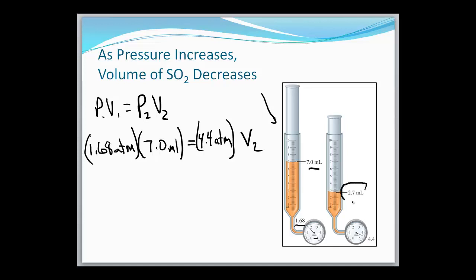We do, but let's assume we don't, and let's calculate it. So do the calculation, and what you find is V2 is equal to 2.67 atmospheres, which rounds to 2.7.